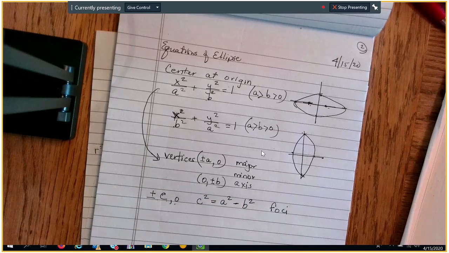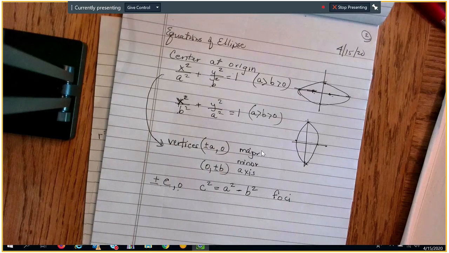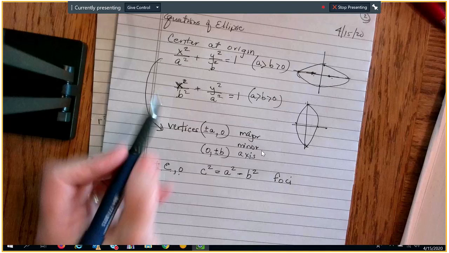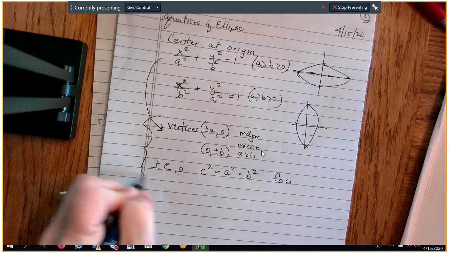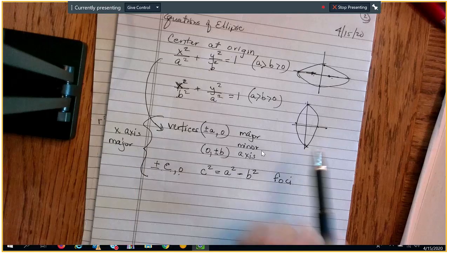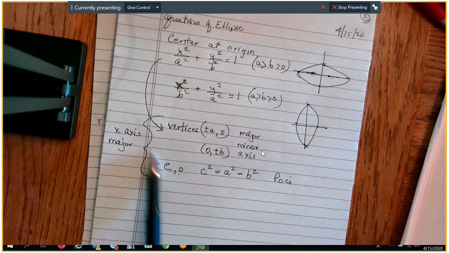So now this is for when the x-axis is our major axis. When we have this one, what's going to change here?